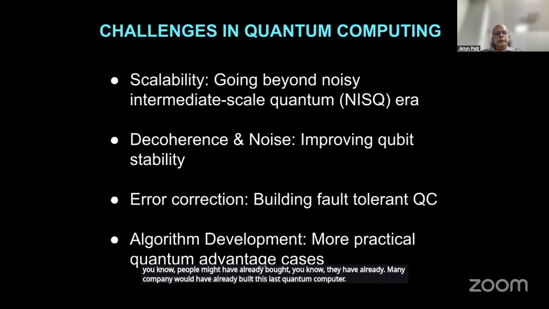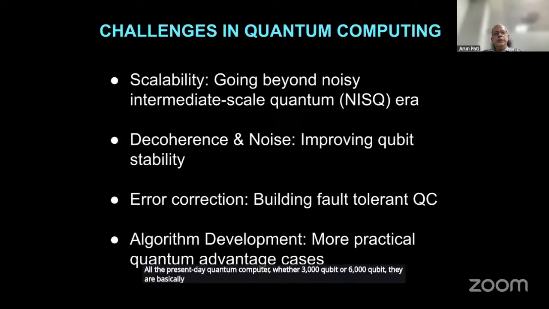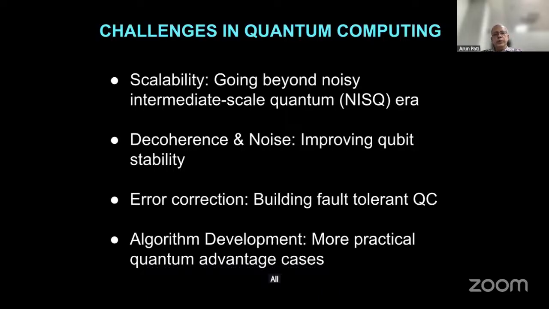There are a lot of challenges, but a few of them are the following. The first has to do with scalability. All present-day quantum computers, whether 3,000 qubit or 6,000 qubit, are basically noisy intermediate-scale quantum computers. Why are they noisy? Because they are not error free.